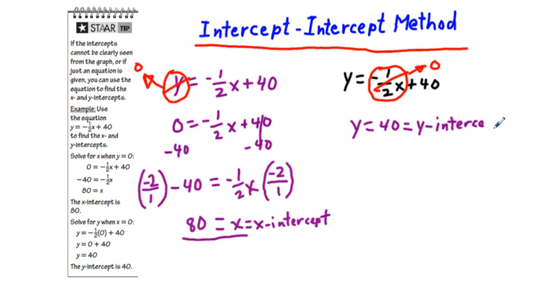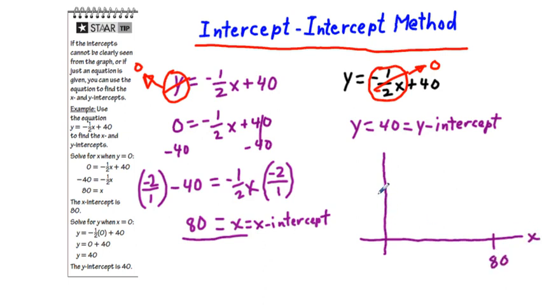And what that means is you can use this to draw a graph quite easily, because if you just have an x-intercept and a y-intercept, so our x-intercept is over here at 80.